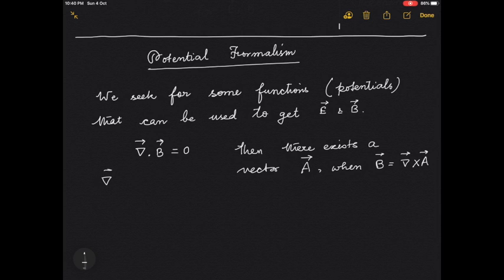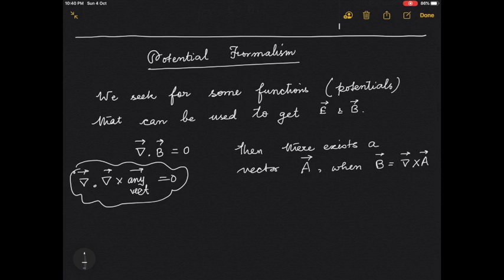Just because divergence of curl of any vector is 0. So immediately I get such a function, which now I can use to generate B. Or have I? I have got that B is given by curl of A, and A is a vector and it works as a potential, so I call it a vector potential.